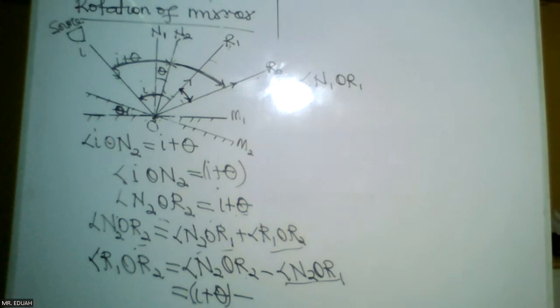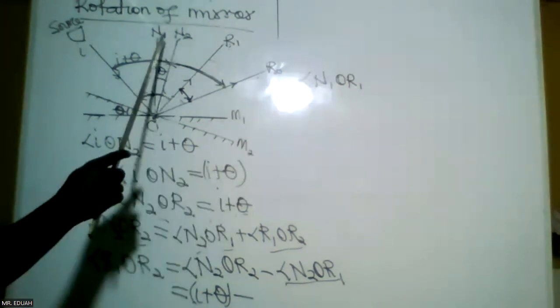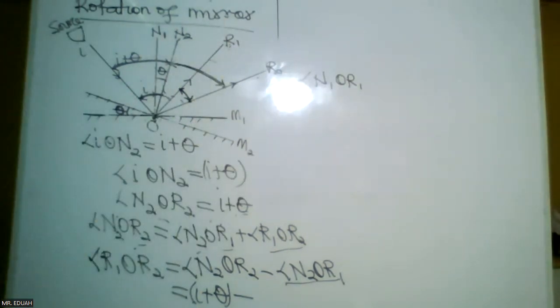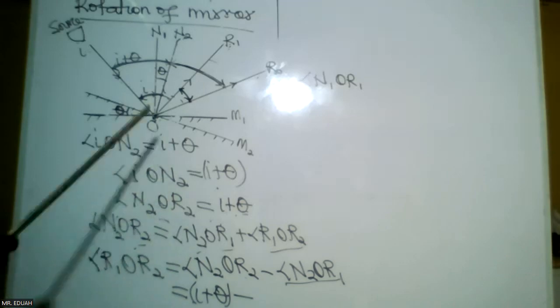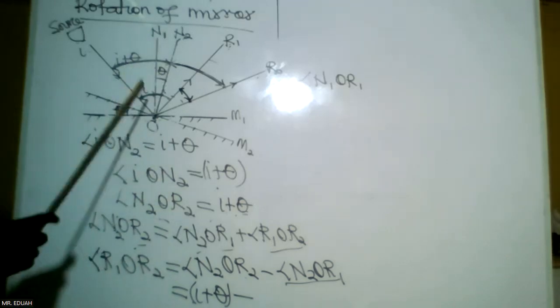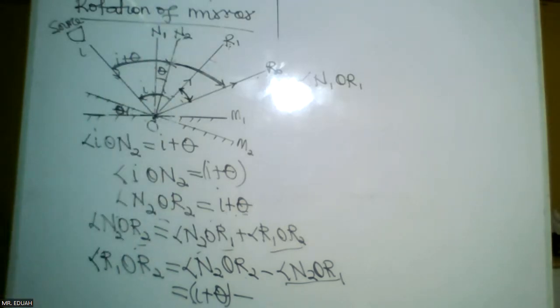Thank you. What is angle N1OR1? That is i. And so if we are looking for angle N1OR1, think through. It is clear. If you have seen that that is i, then let's get N1OR1.